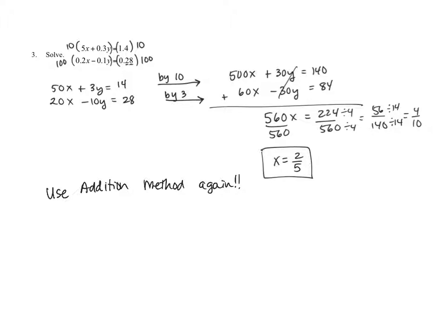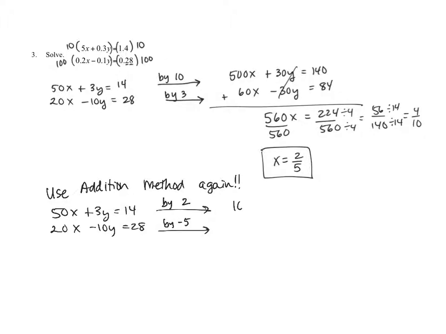It works great. Okay, so 50x plus 3y equals 14, and 20x minus 10y equals 28. And now let's try and eliminate our x's. So I'm going to multiply this one by 2 and this one by -5.